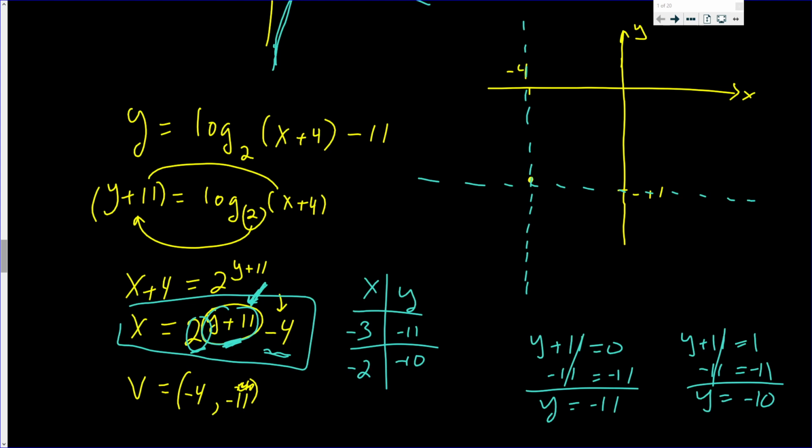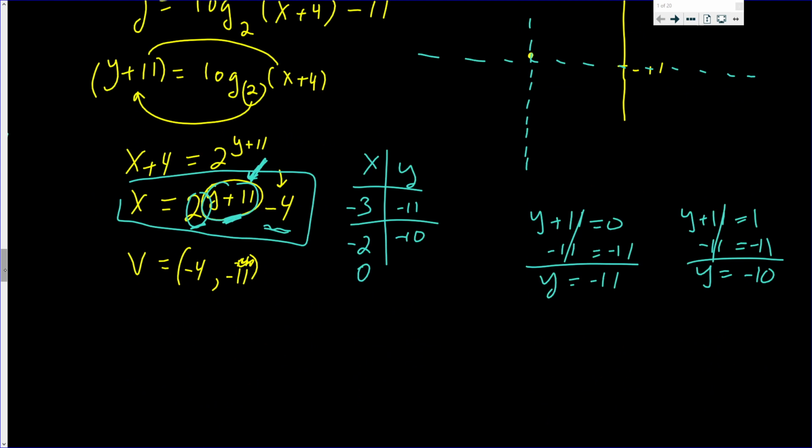And for the record, if x is equal to 0, well, if you subtract 2 quantities and you get 0, that's because the 2 quantities were equal to one another.